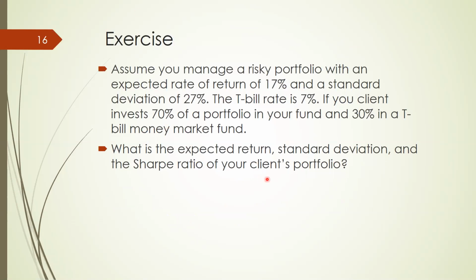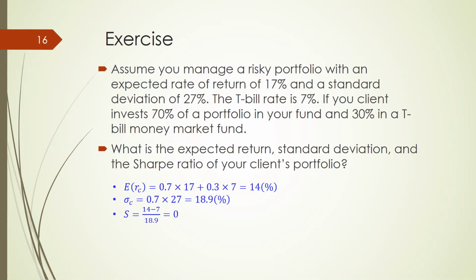The exercise you are given has different parameters, but the calculation follows the same procedure. For the expected return, you take the weighted average. Now the weight is 70% on the risky portfolio, earning 17%, and 30% earning 7%.